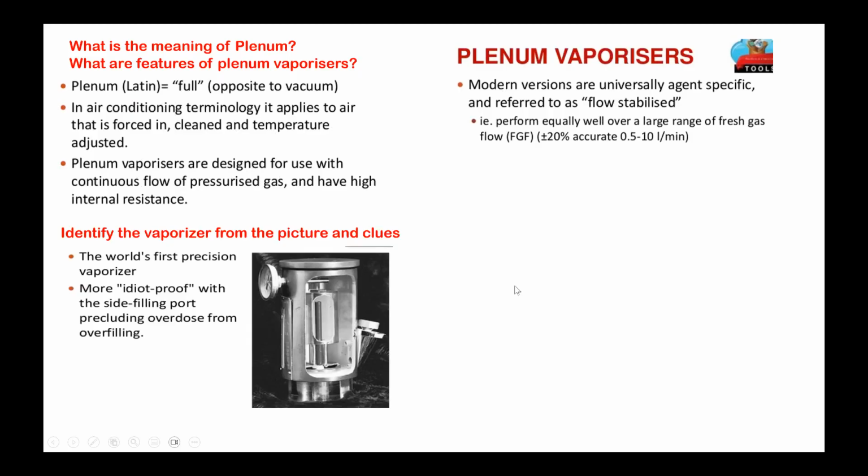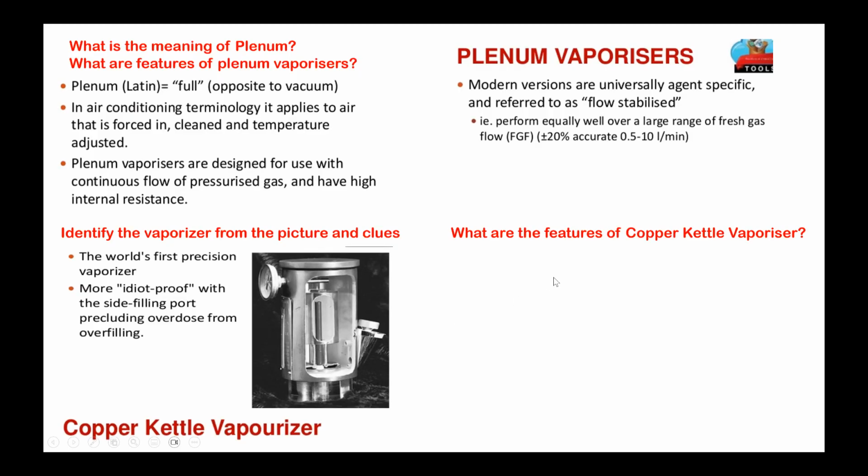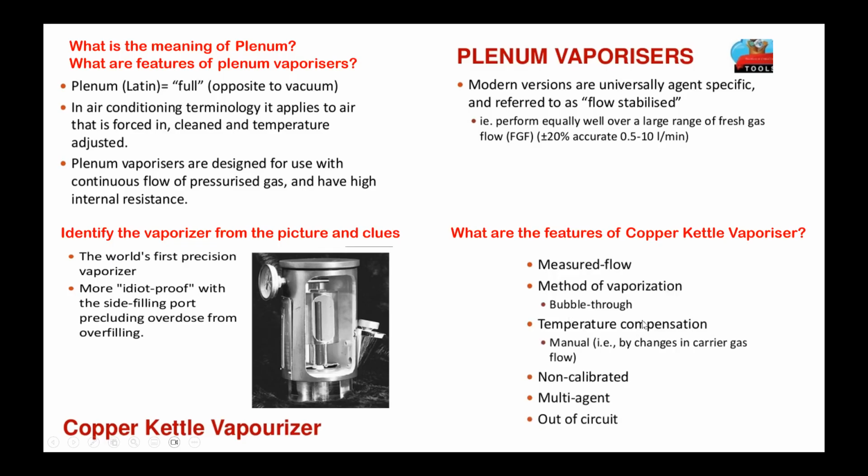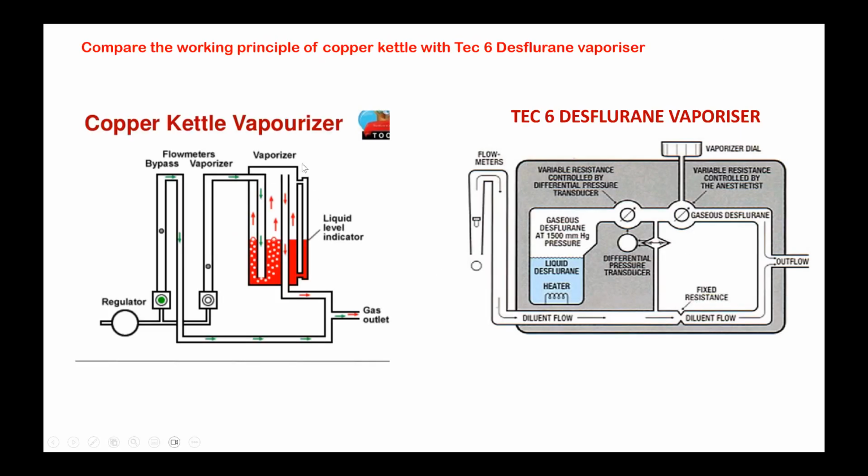This is a copper kettle, the world's first vaporizer. And this is again a measured flow. Long before desflurane was used, they used this copper kettle as a measured flow. So this is a comparison between the two, the older copper kettle and the modern desflurane.